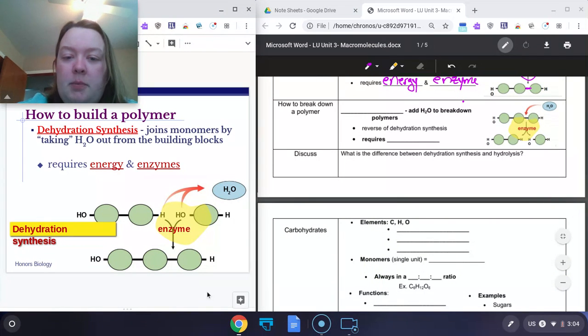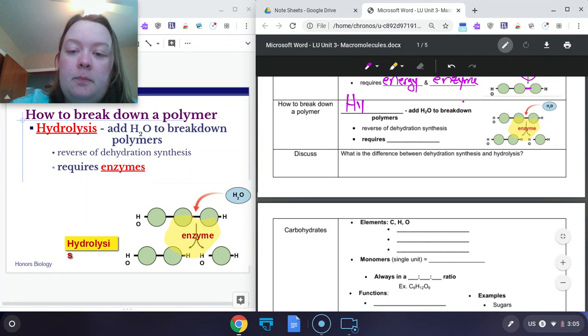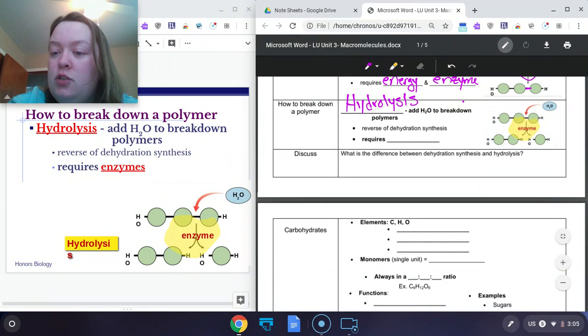Now, sometimes the opposite has to be done. Say we eat food, and we need to break it down. We have to break down the polymers that we take in, and this involves a reaction called hydrolysis. Hydrolysis is the opposite of dehydration synthesis. In this one, you add water to break a bond.